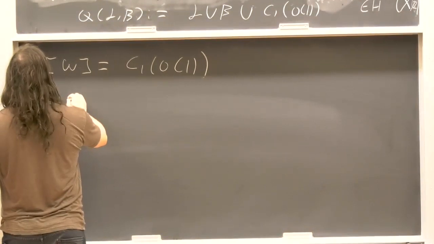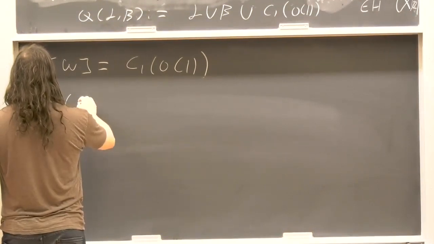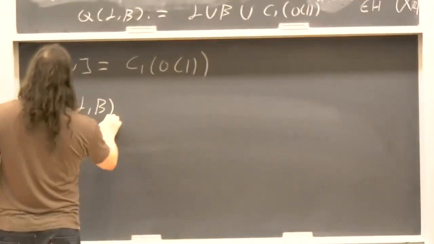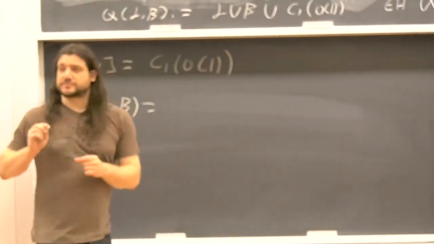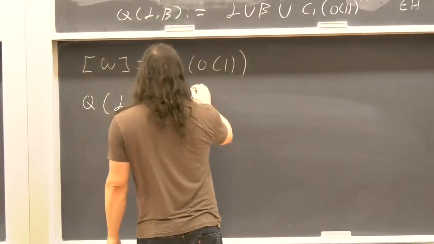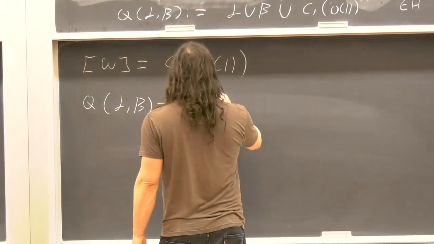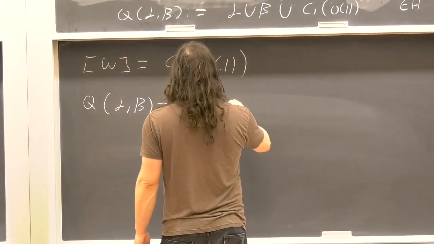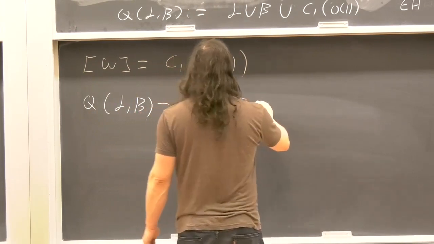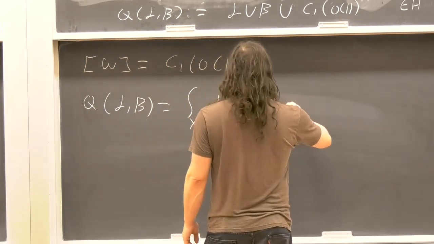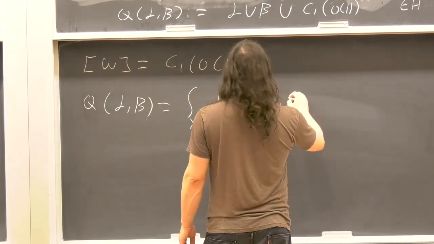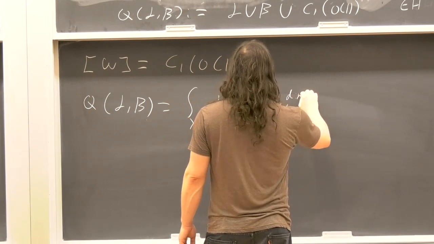Then if I look at Q of alpha and beta, if now alpha and beta are also closed differential forms, and I translate via the isomorphism, what I get is the integral over X of alpha wedge beta wedge this omega to the power of dimension X minus n.